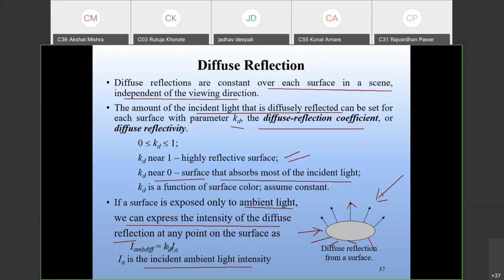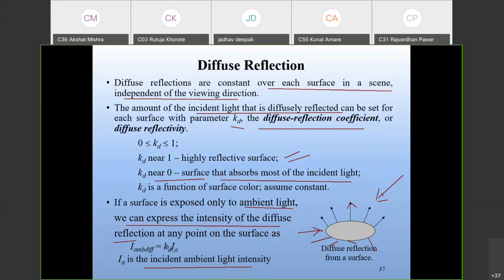Normally the simple equation for intensity calculation is that the light incident on the surface, which may be ambient light, a point source, or distributed light, is multiplied with the reflection coefficient. For diffuse reflection we use Kd.